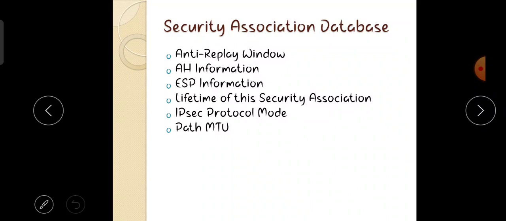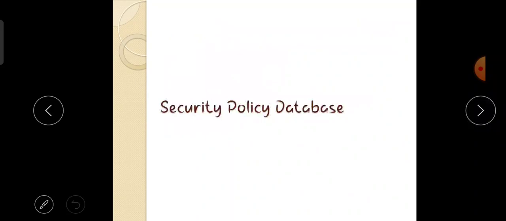It can be tunnel, transport or wildcard. The last parameter is path MTU: any observed path maximum transmission unit and aging variables. That is all about the parameters of the Security Association Database. Now we can move to the Security Policy Database.